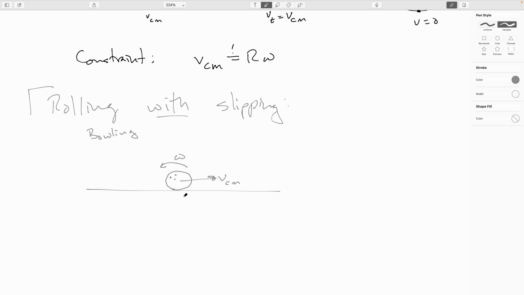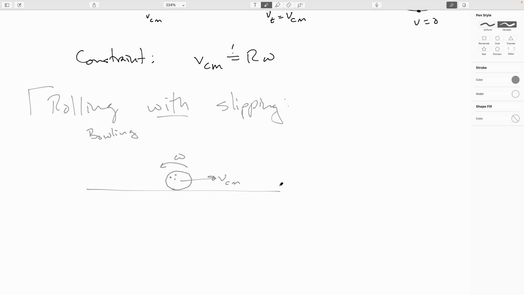But in fact, in this case here, it's rolling backwards. And it'll keep that up for quite a while because bowling alleys have oil on them, and that's to enhance the slipperiness. And they change the kind of oil at different spots in the lane so that you can manipulate the coefficient of kinetic friction.